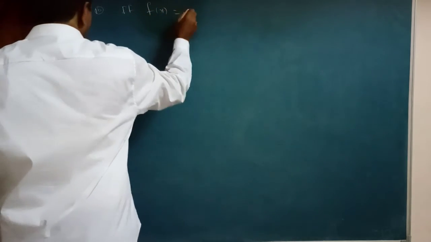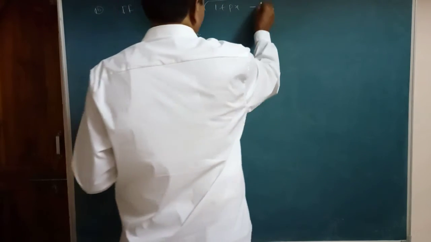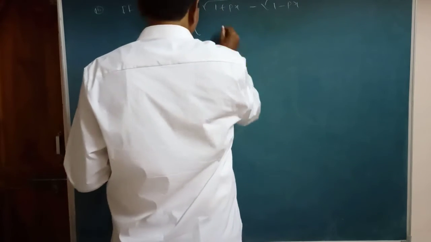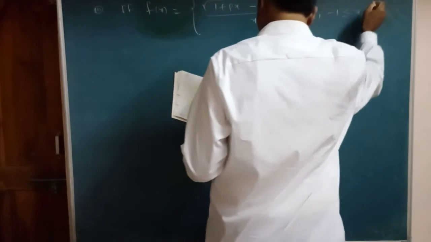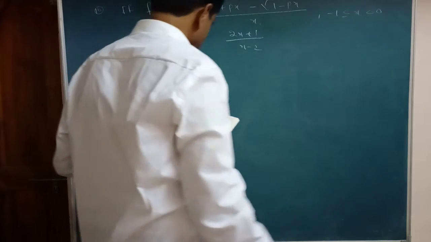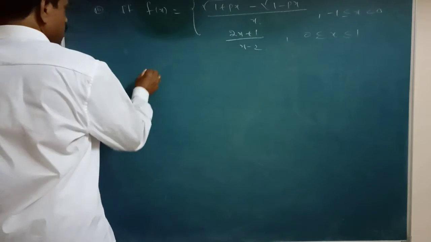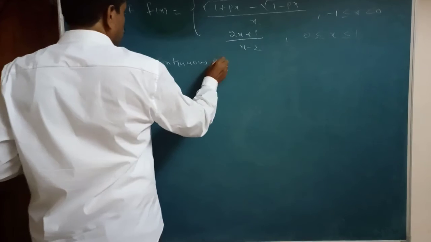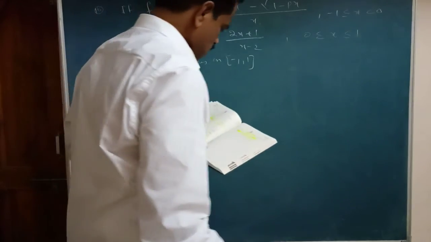Next one, if f of x equal to square root of 1 plus px minus square root of 1 minus px divided by x, for minus 1 less than or equal to x less than 0, and 2x plus 1 by x minus 2 when 0 less than or equal to x less than or equal to 1, is continuous on minus 1 comma 1, then p equal to dash.